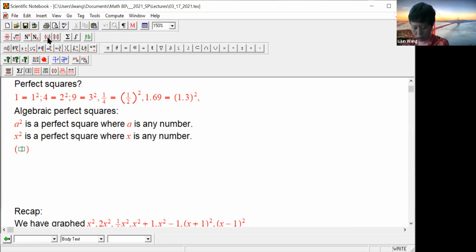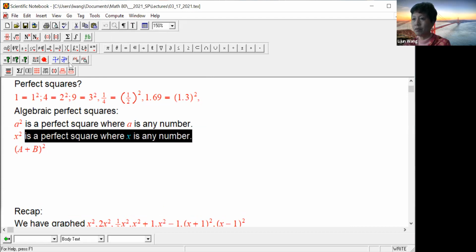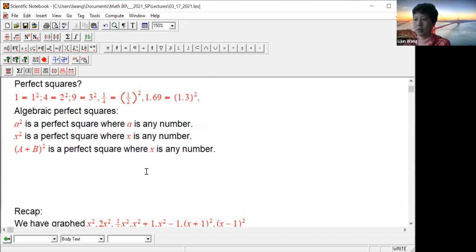But how about when we have two numbers in a sum? (a + b) squared is also a perfect square, where a and b are any real numbers.